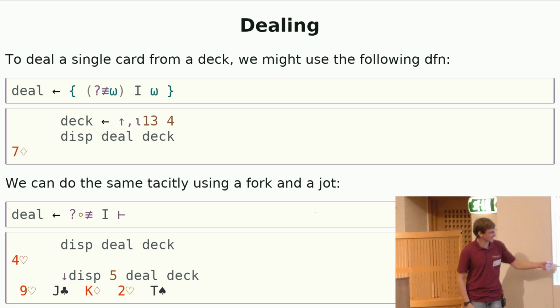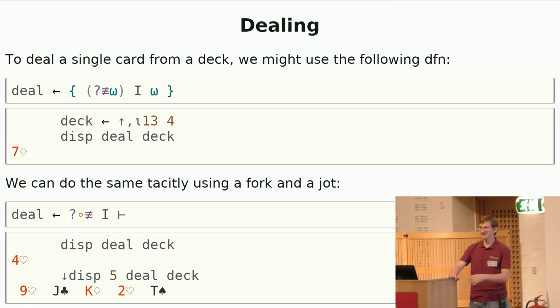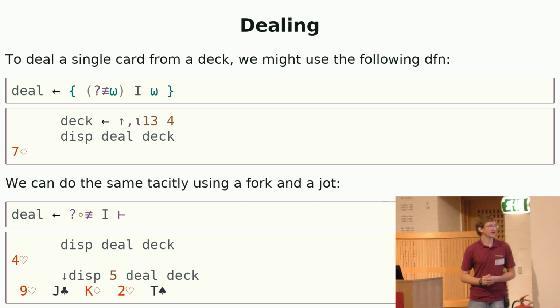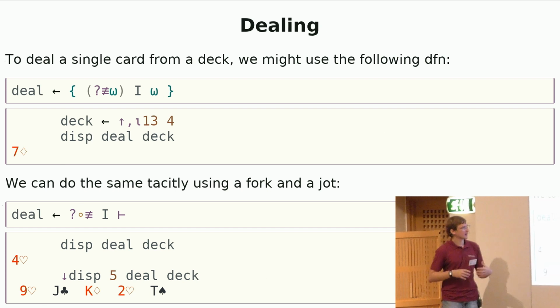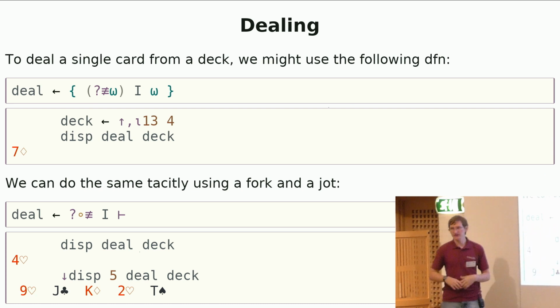Who knows how APL works? It has this additional functionality where I can pass in a left argument and say, I want to deal out 5 cards that are all different from each other. So the reason that I'm able to do this is, well, there are a number of reasons. Every part of this expression actually has to be designed so that I can usefully use it in an ambivalent context, either monadic or dyadic. So first, of course, the roll function has a related dyadic function called deal, which gives me this functionality.